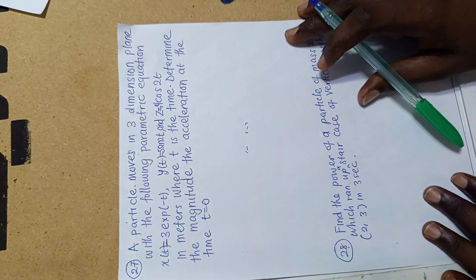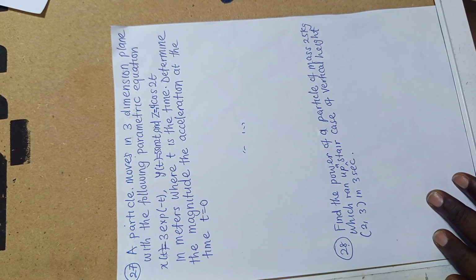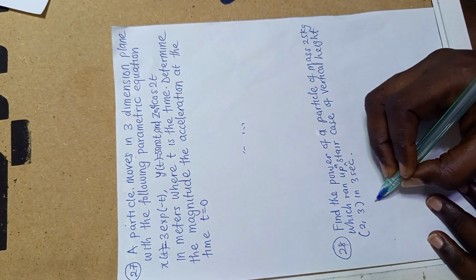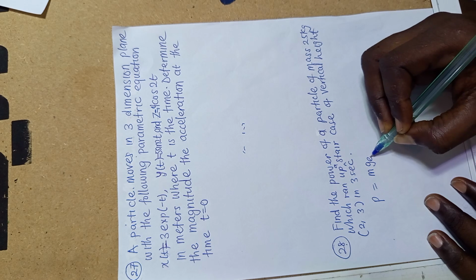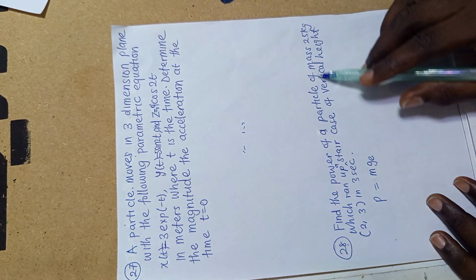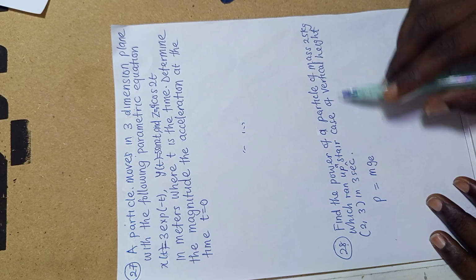Now, this 27 and 28 is what I will give you as an assignment to go and do. I will just need the formula to solve it. Then you solve. This one now, to get power, use mgh. Number 2, find the power of a particle of mass which ran up a staircase of vertical height this.